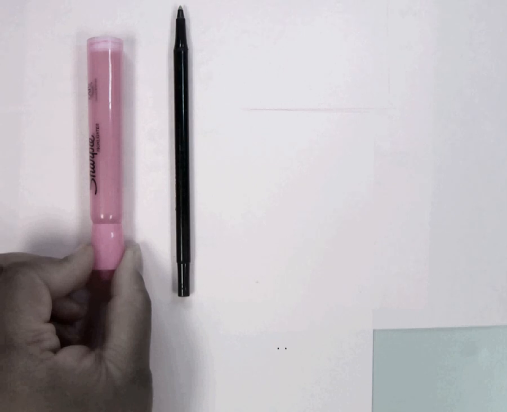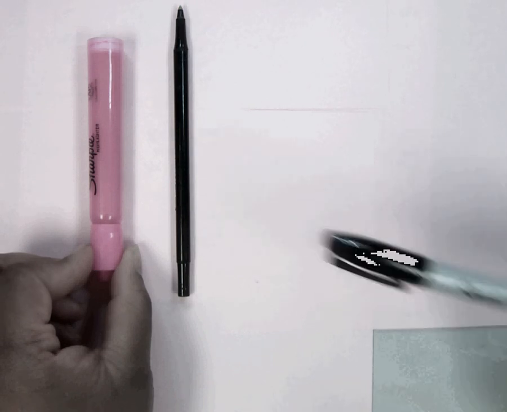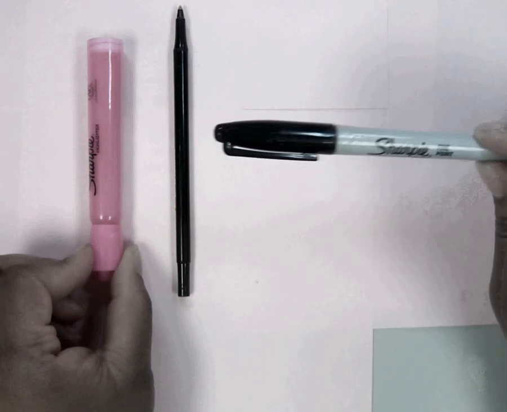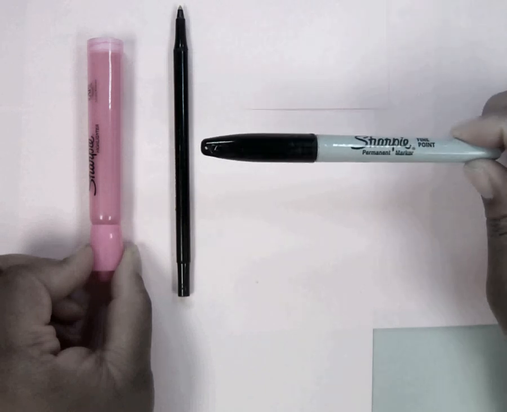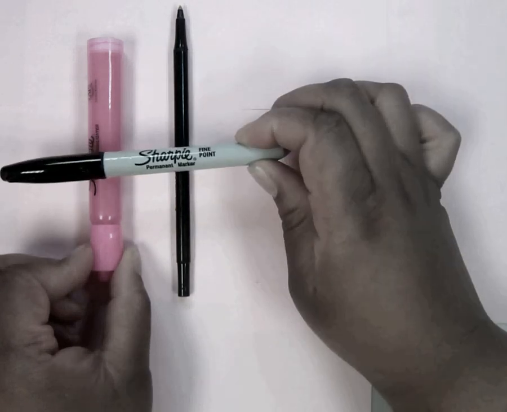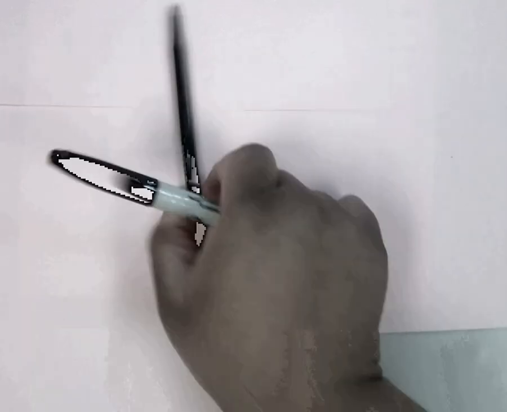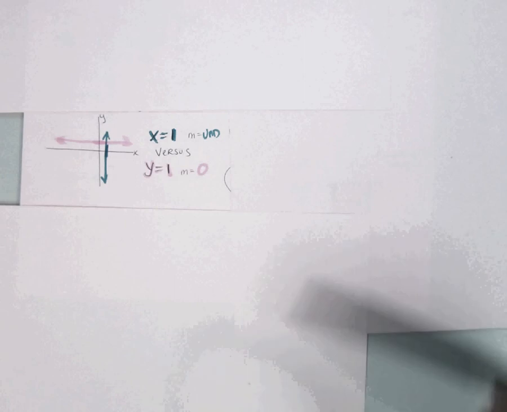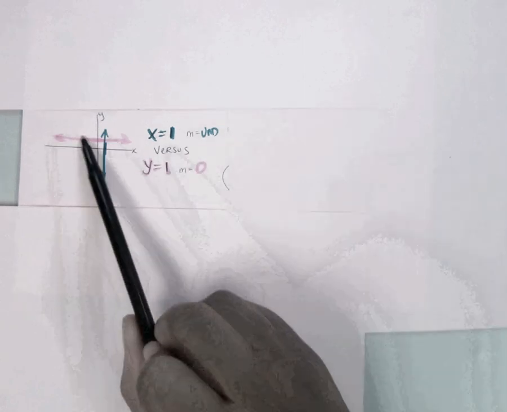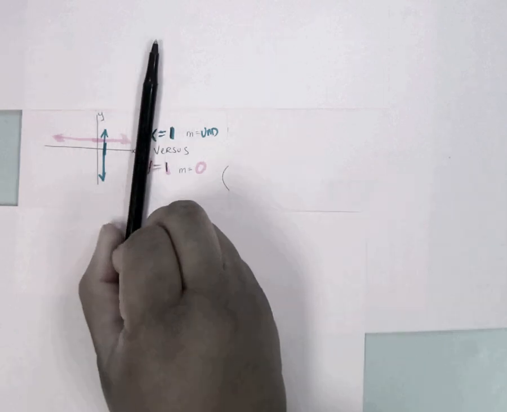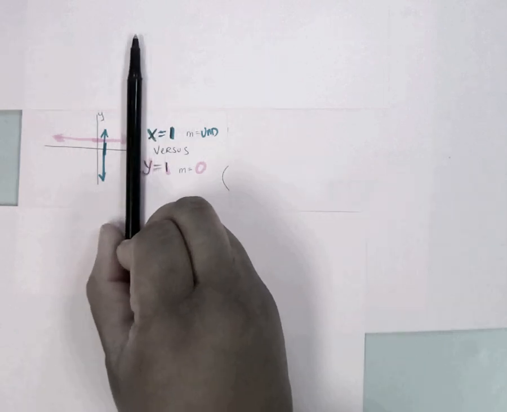Now I'm going to use my hand or another marker to show you what y looks like when you graph y equals 1. Is this permanent Sharpie parallel to these? No, it's not. So my question, one more time, is this line, the pink line, parallel to the y-axis? No, it is not. Moving on.